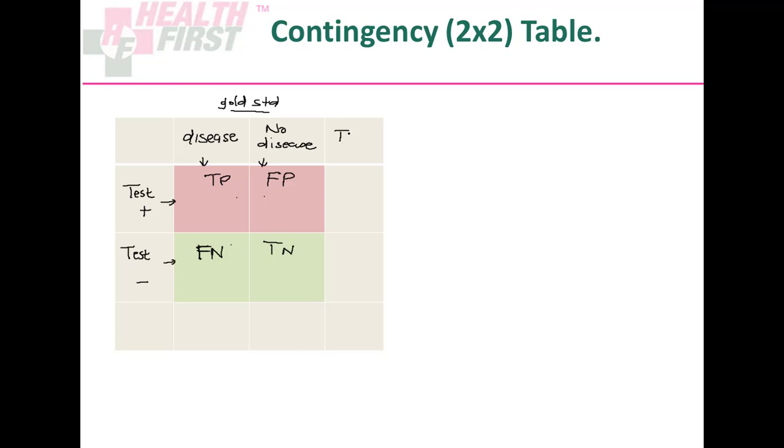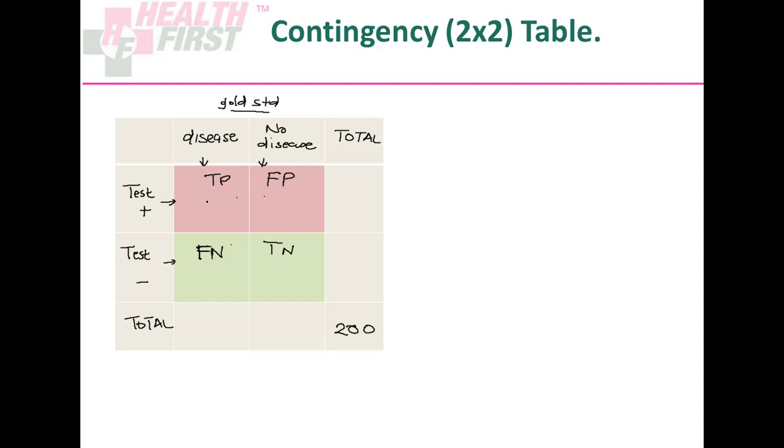To complete the 2x2 table, we usually have totals. We total the rows and we total the columns. If we are running a study and we have 200 participants, those 200 participants fall into one of these categories, right? So let's suppose we are testing a new screening test and subjecting it to this validity test.